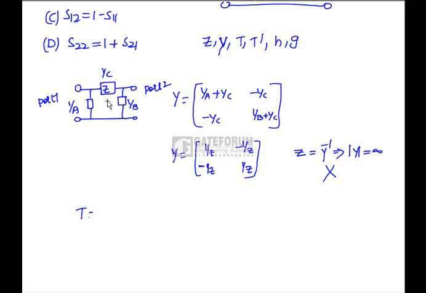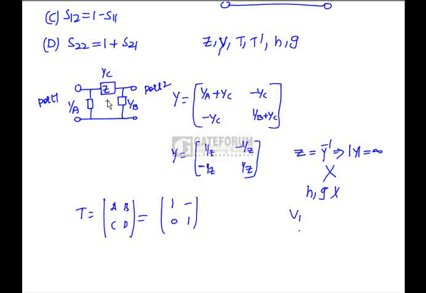Now you take it as T parameters. If you find T parameters, this is just like a short transmission line. T parameters is nothing but ABCD parameters, which is equal to [1 Z; 0 1]. Similarly, H and G parameters you cannot find. You can calculate it.